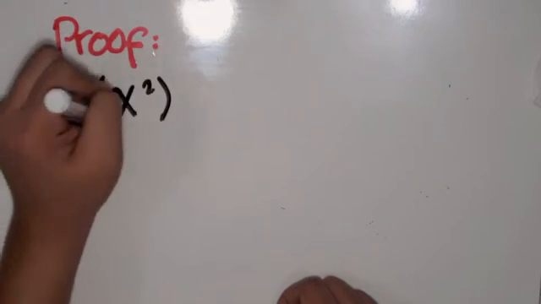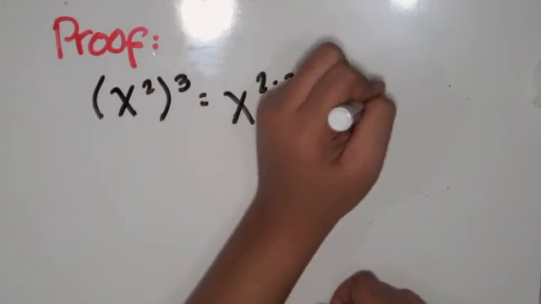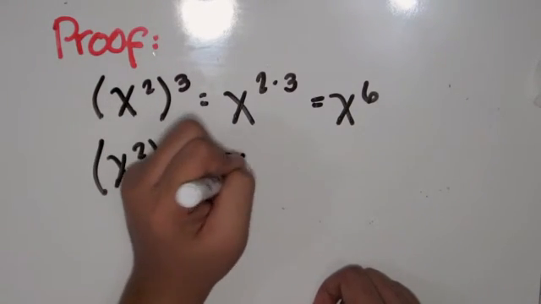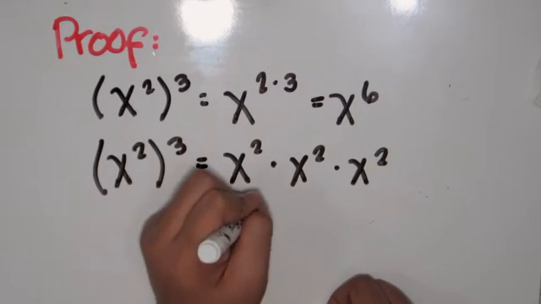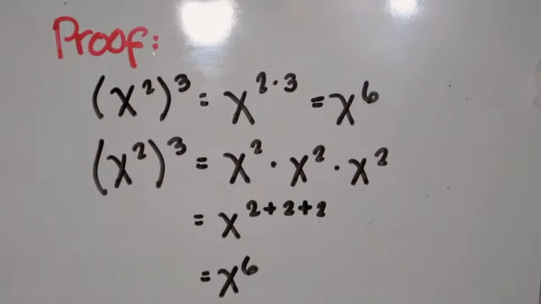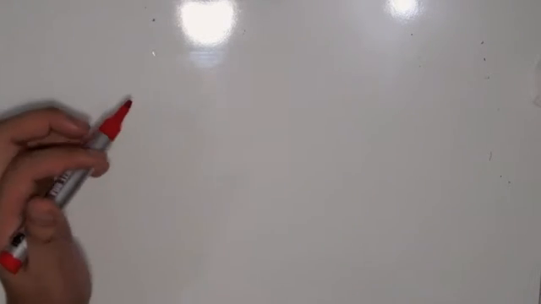Now here's proof. (x squared) cubed equals x raised to 2 times 3 equals x raised to 6. (x squared) cubed equals x squared times x squared times x squared equals x raised to 2 plus 2 plus 2 equals x raised to 6.